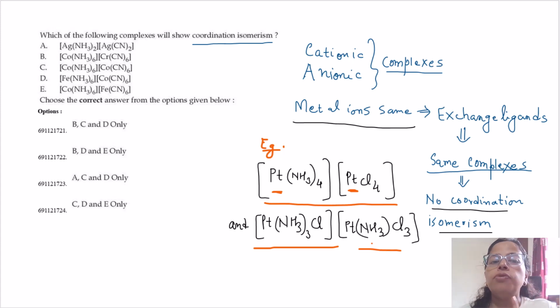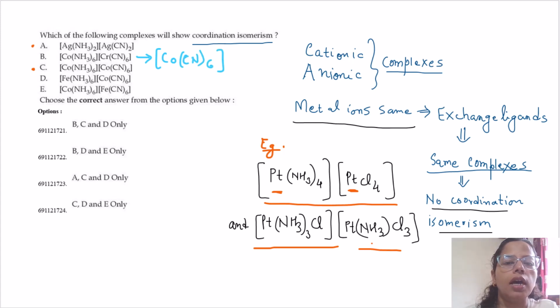We have to eliminate option A and option C, since we have the same central metal ions, and we have to look at the rest of the options B, D, E. So Co(NH3)6 and Cr(CN)6. Yes, there is a possibility of coordination isomerism. If we write Co(CN)6 and Cr(NH3)6, this is one possibility.